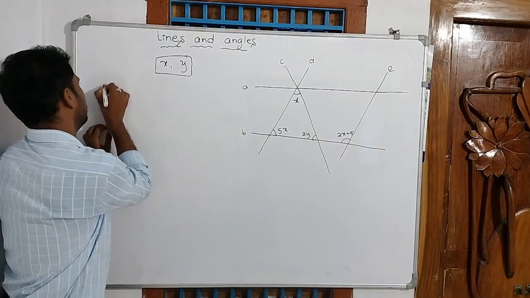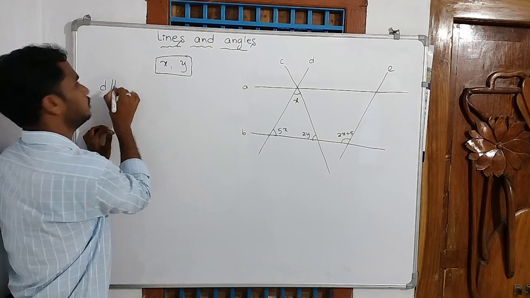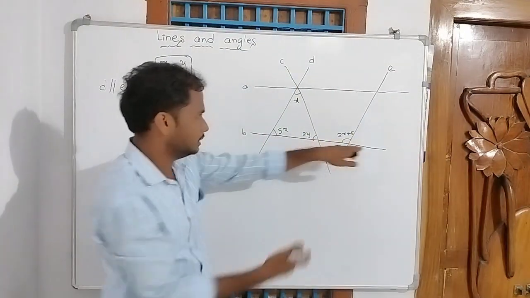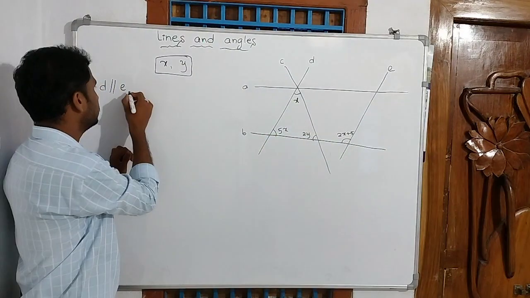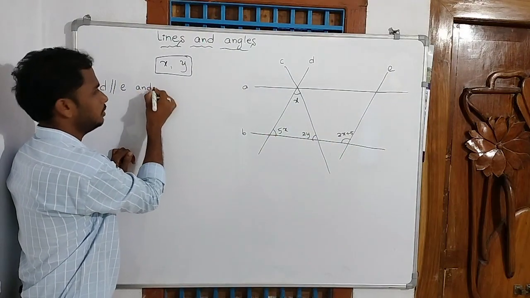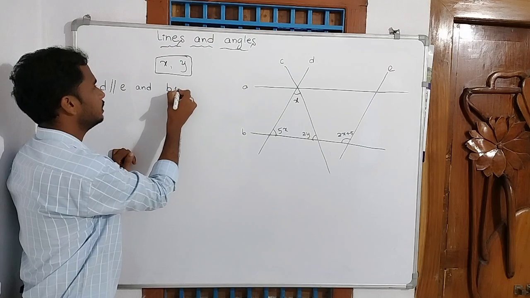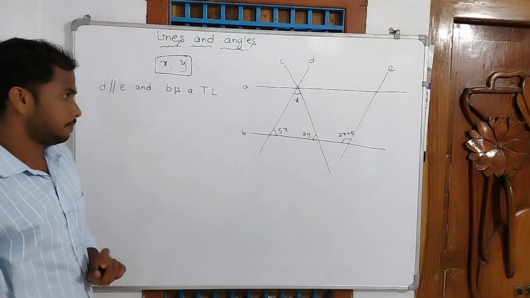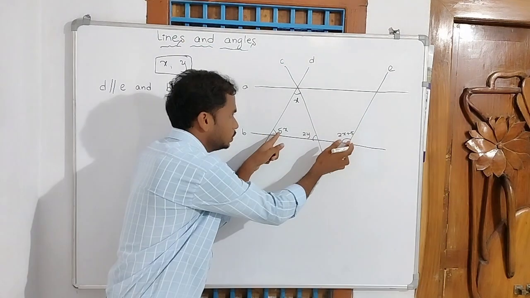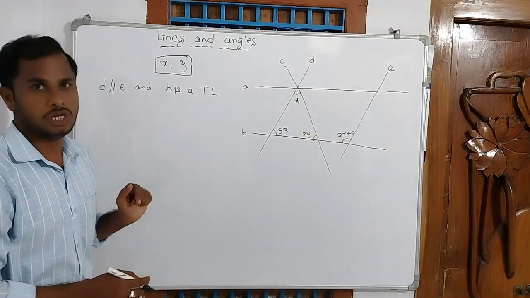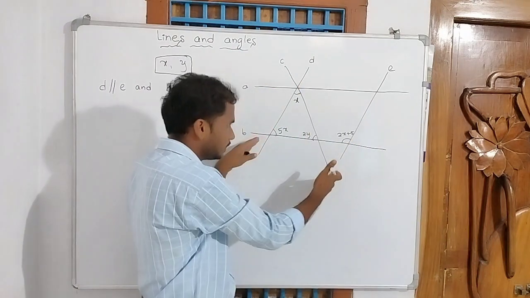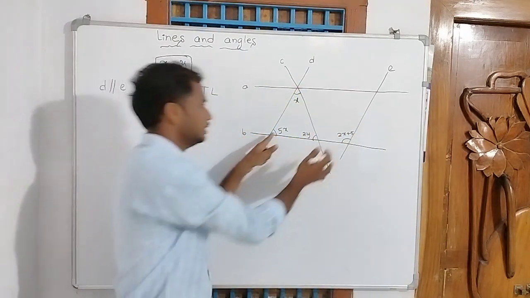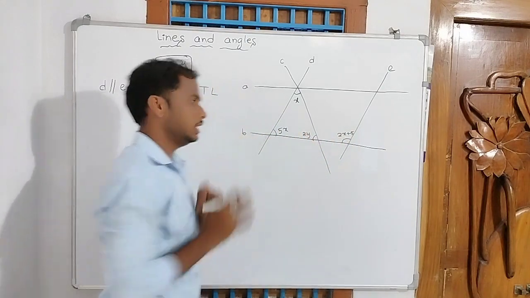D is parallel to E, and B is a transversal line. Then these two angles are co-interior angles.